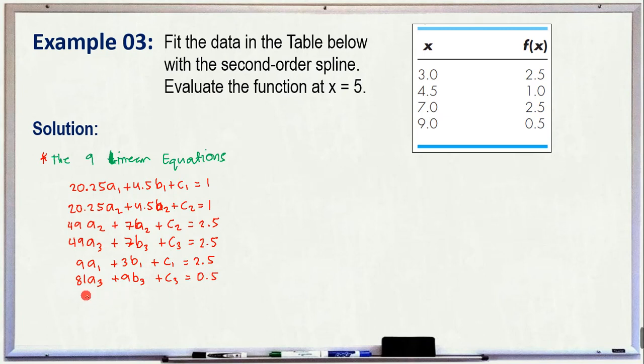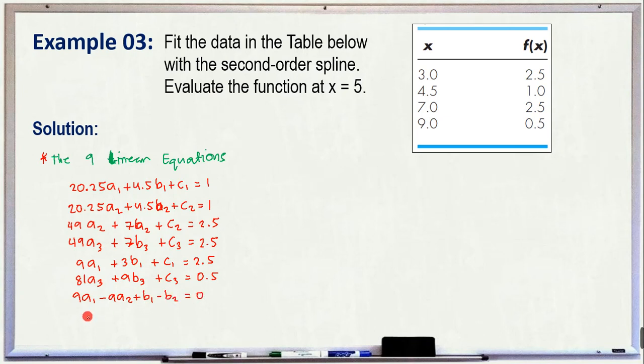The seventh equation: 9A1 minus 9A2 plus B1 minus B2 equals 0.